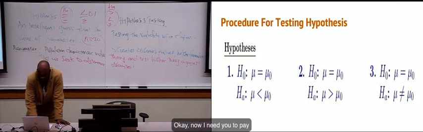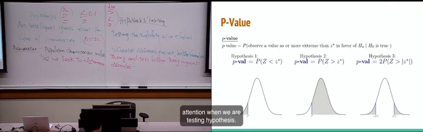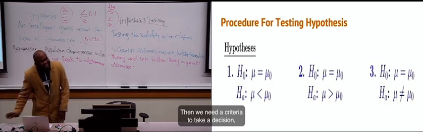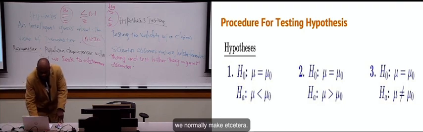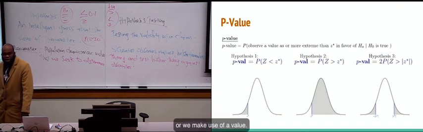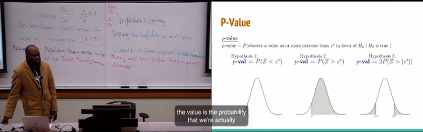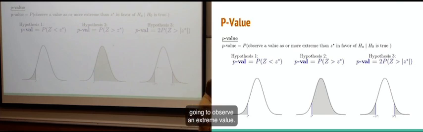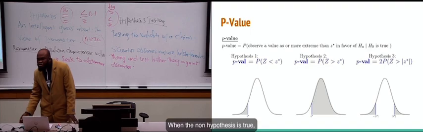Okay. Now, I need you to pay attention. When we are testing a hypothesis, we need a criterion to make a decision. And we normally make use of either the rejection region or a p-value. And what do we mean by p-value? The p-value is the probability that we're actually going to observe an extreme value when the null hypothesis is true.